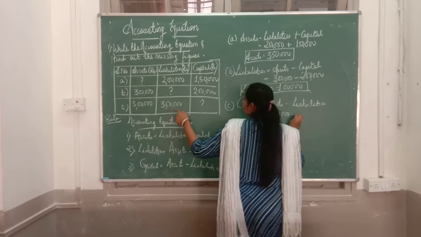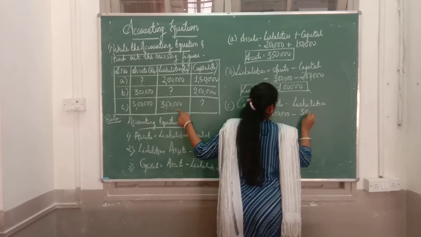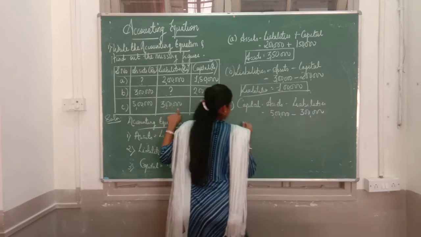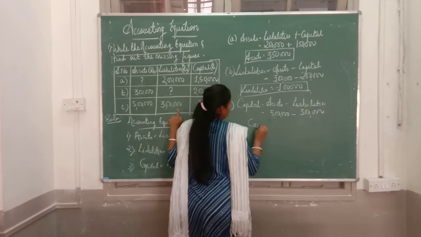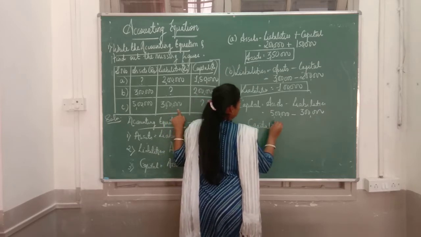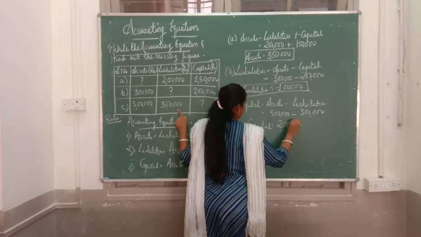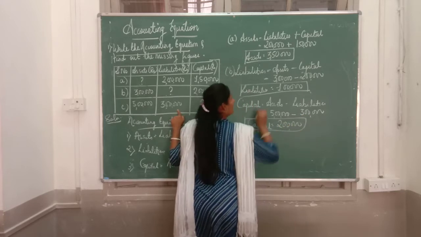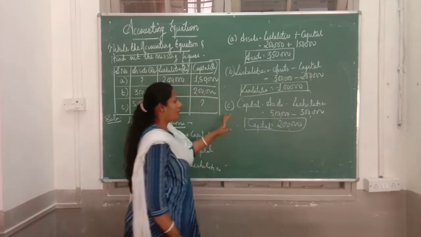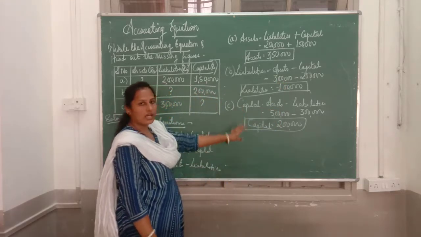Liabilities are 3 lakh. So how much is capital? Therefore, capital is equal to 5 lakh minus 3 lakh, which is 2 lakh. When you want to find assets, only then you add. Otherwise, for liabilities and capital, you have to subtract from assets.